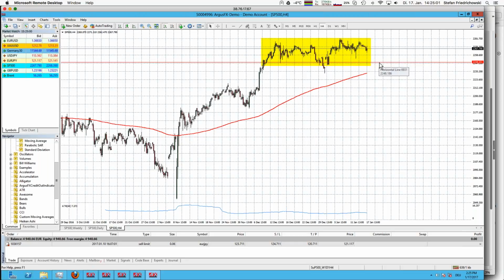What does it mean? That means in the language of MT4, we have a buy limit. So only if the price goes down to the red line, then I want to open a trade.